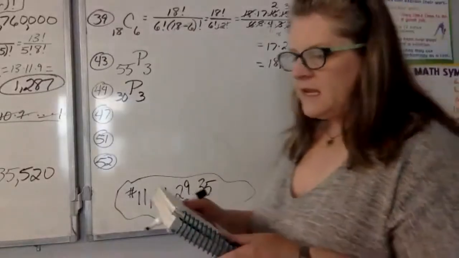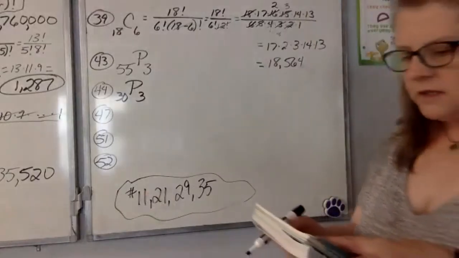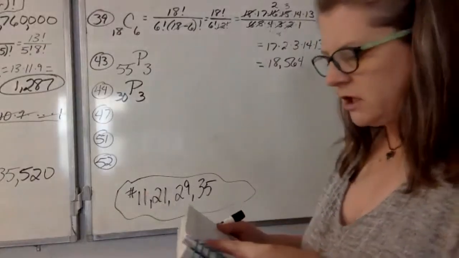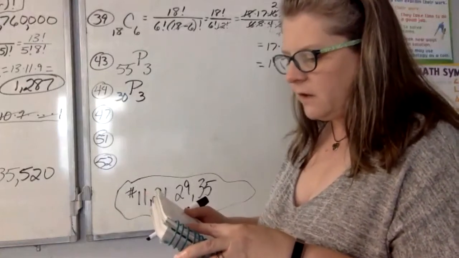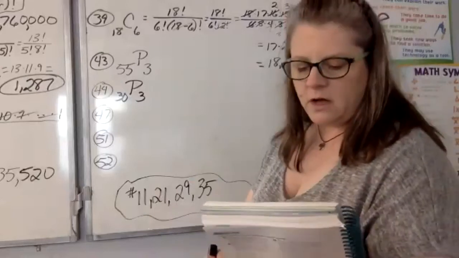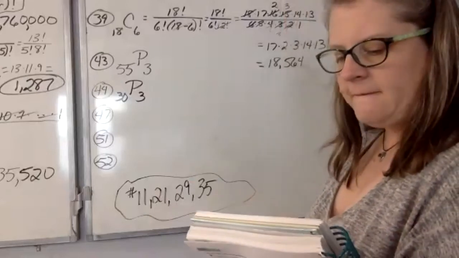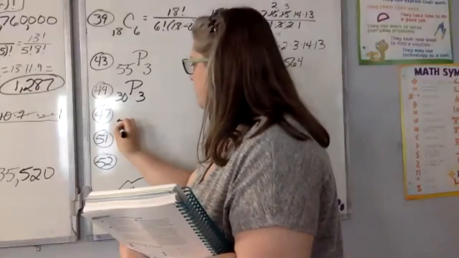Number 47 says, a youth pastor needs 4 members of the youth group to assist him with cleaning the church. There are 50 teens in the youth group. How many different groups of people could he select? Is that a permutation or a combination? Combination, because does it matter what order you pick them?